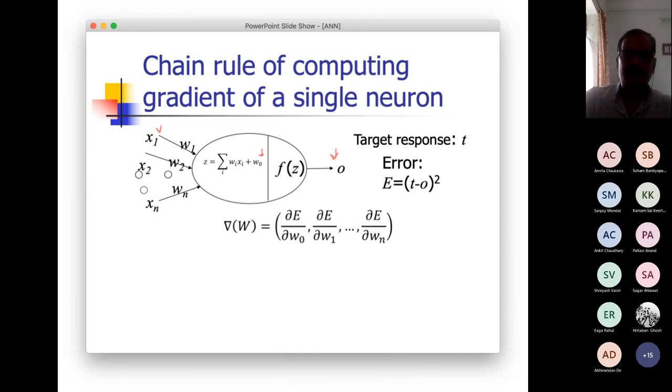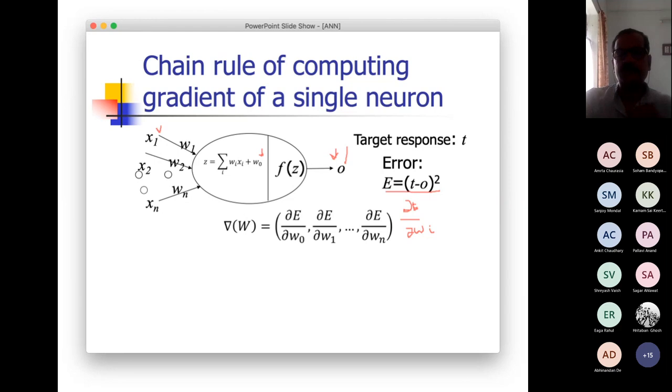One thing you should also note is that there is an error term. Before delta O, delta Z, I also have to compute delta E, because finally I have to compute the partial derivative of the error with respect to individual components, delta E by delta W, one of the components, to get this gradient vector.